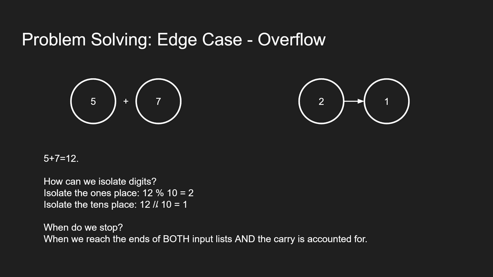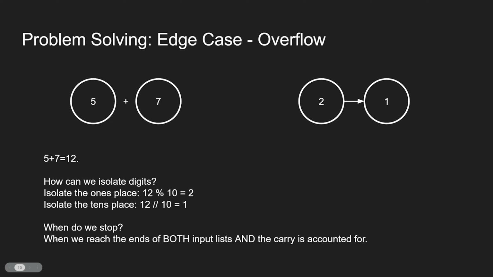And then this is the floor operator. I'm writing this in Python, but this might look different depending on the language you use. Basically 12 // 10 returns the largest integer that 10 can go into 12, so that's just 1. If I use a single slash, it'll return 1.2, which is not what we want to store because all the nodes are integer values.